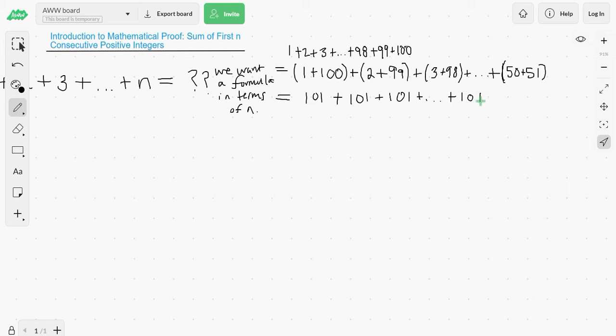Now, how many pairs do we have? Well, we're subdividing 100 integers into pairs, so we've got 50 pairs, or I should say 50 summands, each equal to 101.